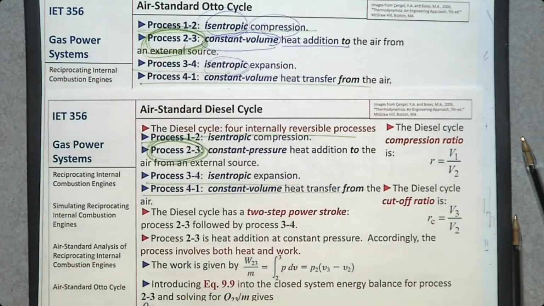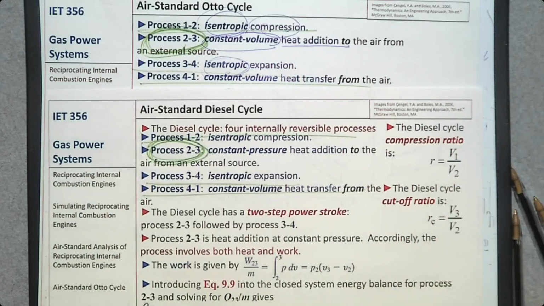In the air standard Otto cycle, process 2 to 3 is constant volume heat addition. On the other hand, in air standard diesel cycle, process 2 to 3 is constant pressure heat addition. That's the only difference.